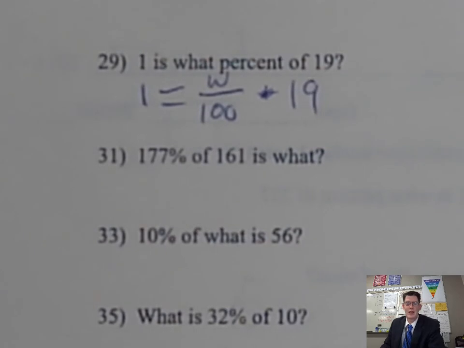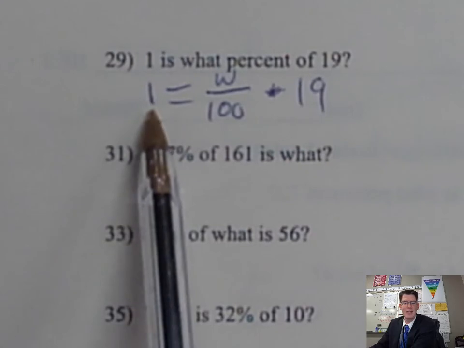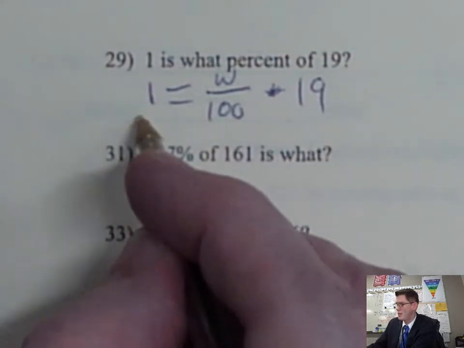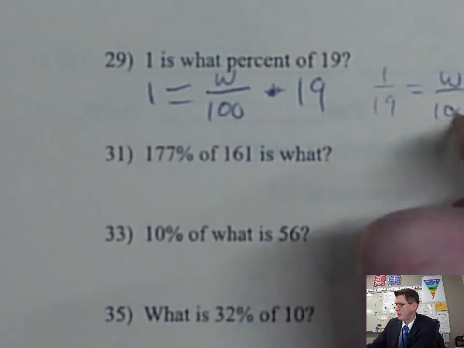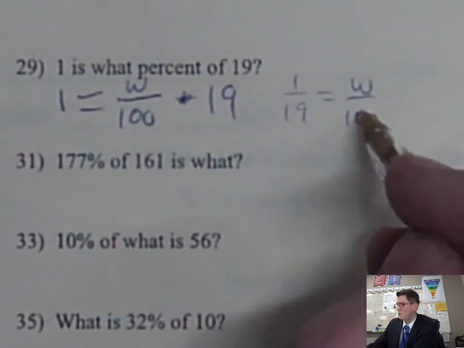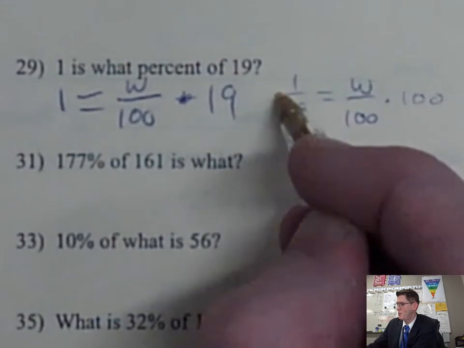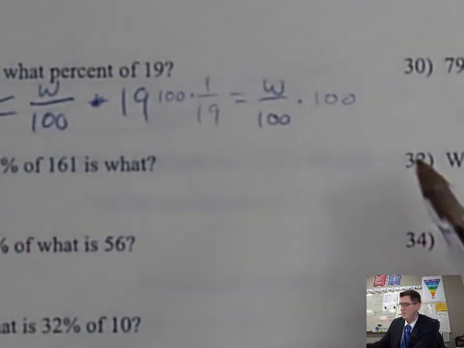As you're trying to figure that out, if you want to undo the 19, we divide this 1 by the 19, so it becomes 1 divided by 19 equals W over 100. And then to get this W by itself, you times by 100. So that goes away.